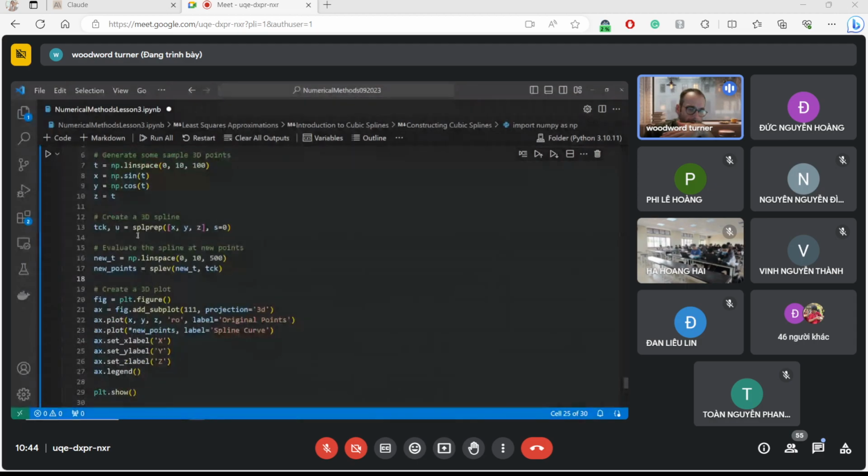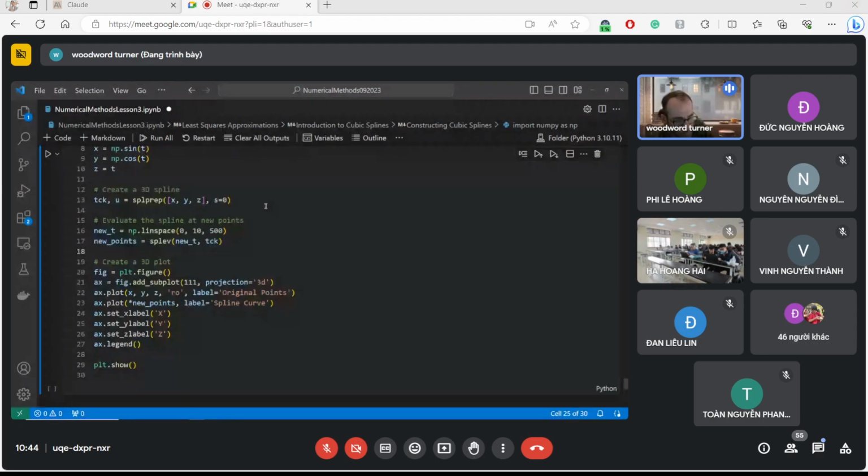All right, and then I make a couple of variables, t, c, k, and u, and this will be our 3D spline on the data points that I have for x, y, and z. And I'm just setting s equal to 0 here. And then I want to evaluate my spline at new points. So I have to get some new t values, because I'm fitting my spline to these 3 functions which depend on t, so I'm going to need t values as inputs for my spline.